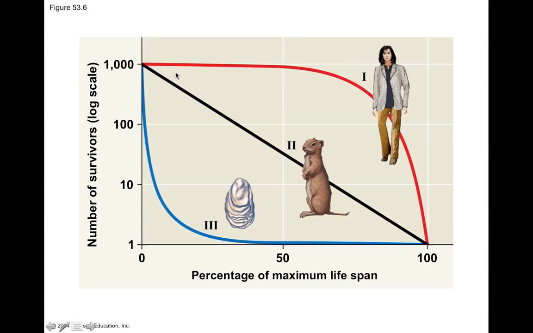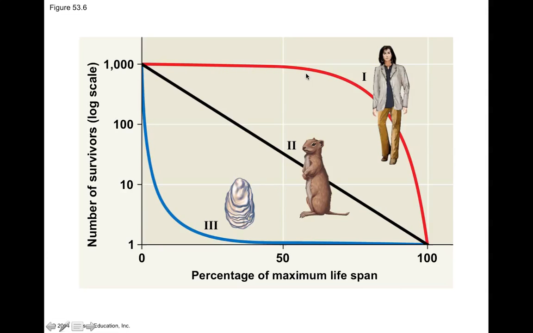So here we can see a representative curve. It's idealized, which means these have been all smoothed out. But you can see that in humans, once we are born, there's a good chance we're going to survive for a good long while.